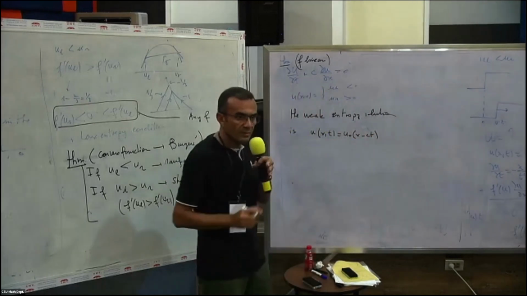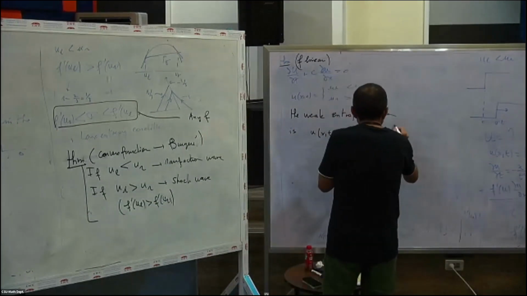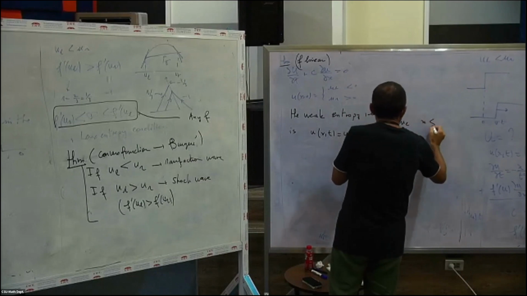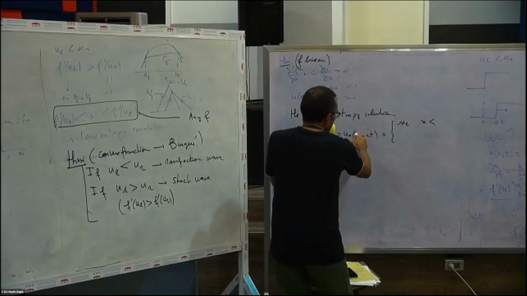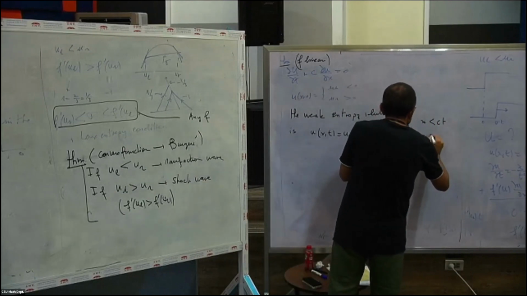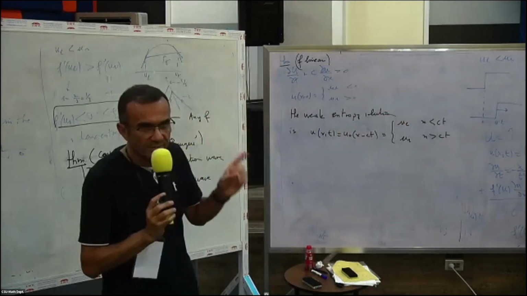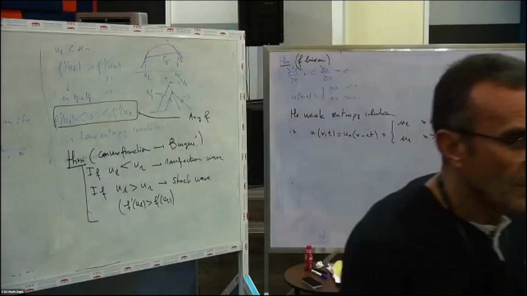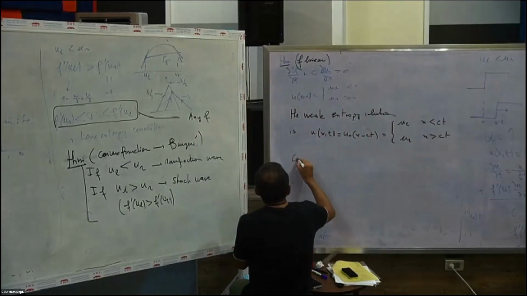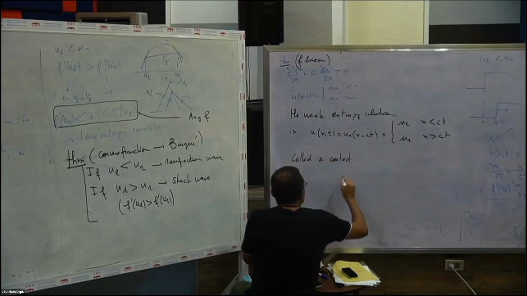The same, even if your initial condition is a discontinuity, so it's UL if x is less than ct, and UR if x is bigger than ct. It looks like a shock wave, but this is not a shock wave. I will explain why. We call it a contact discontinuity.